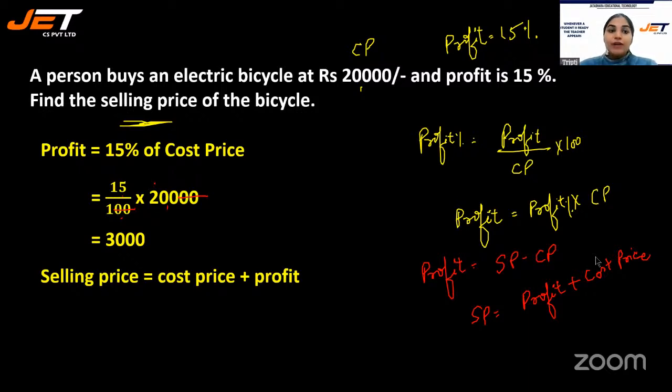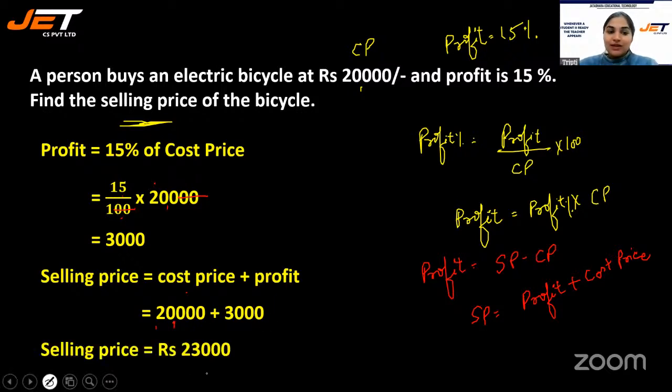From one formula only you can derive the others. So to find the selling price, cost price is 20,000 and profit is 3,000. So 20,000 plus 3,000, the selling price is 23,000.